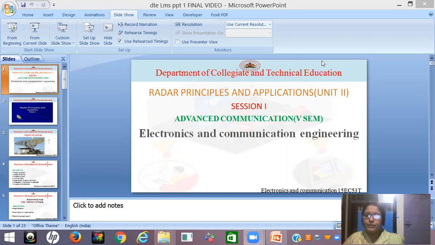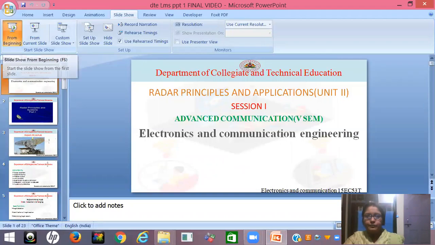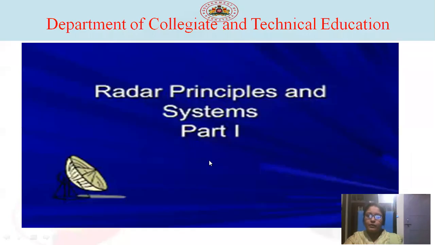Today we are going to study the subject Advanced Communication, that is for 5th semester Diploma Electronics and Communication Engineering students. In this particular subject, the unit is Unit 2 Radar Principles and Applications. In this session 1, we are going to study about the radar principles and systems.